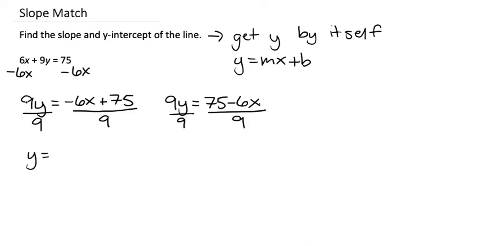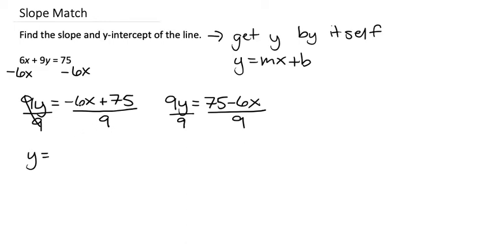So, once I've divided both sides by 9, the 9 next to the y is gone, and I have y by itself. Now on this side of the equation, what I need to do is divide both of these numbers by 9, and I can simplify any fractions that can be simplified.